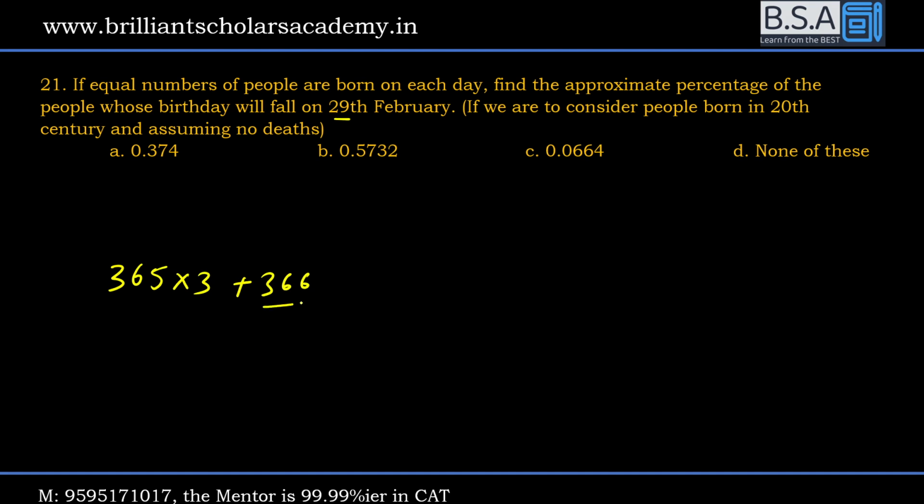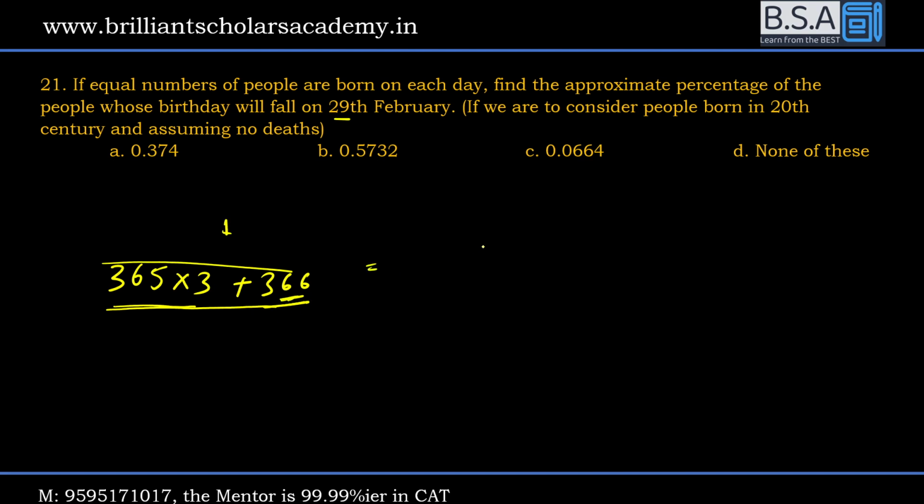So this is the number of days for a leap year. This is the number of days for a non-leap year. So how many years have we considered? 4. Because every 4 years there's a cycle of leap. Out of these, if I say 1 person is born every day, there will be only 1 person born on 29th February out of these numbers because there is only one 29 February here.